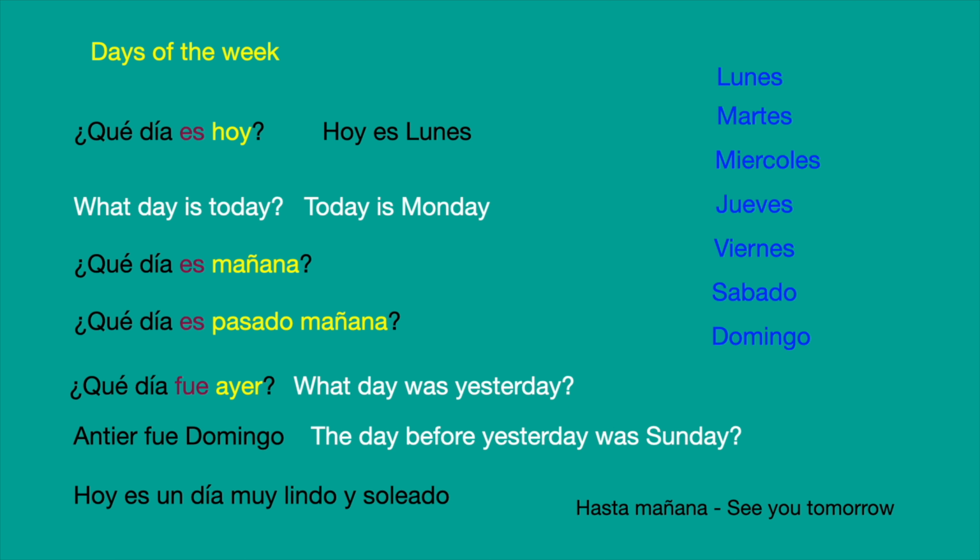So the day after tomorrow will be Sunday. And if we go back, yesterday, we say ¿qué día fue ayer? What day was yesterday? Ayer fue, and then we use the day. So ayer fue viernes. Okay? And then for the day before yesterday, we say antier fue domingo, right?